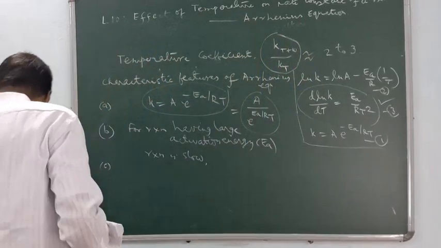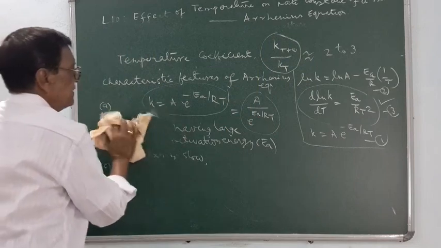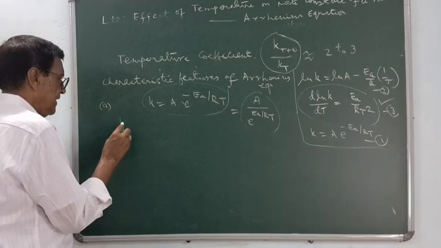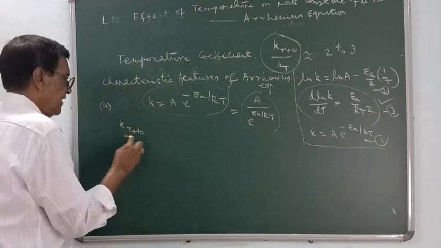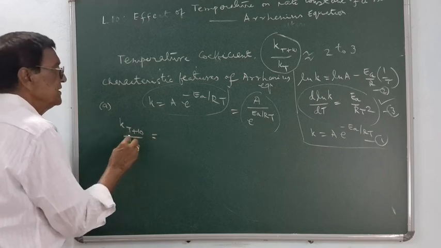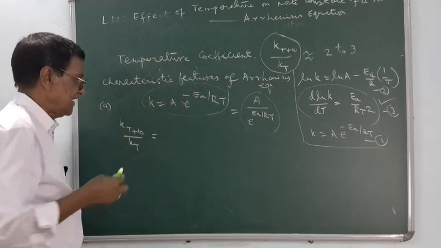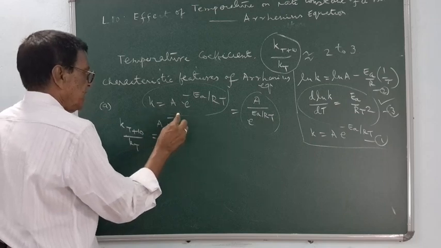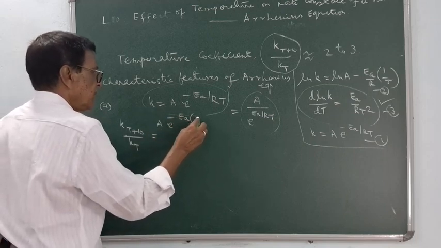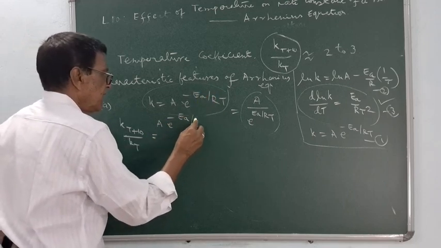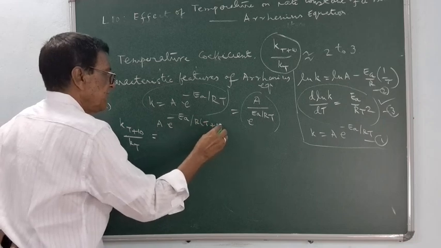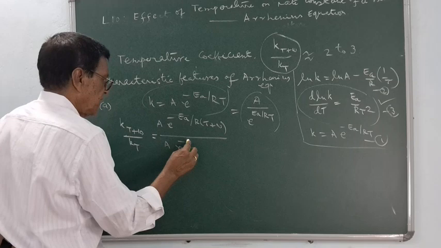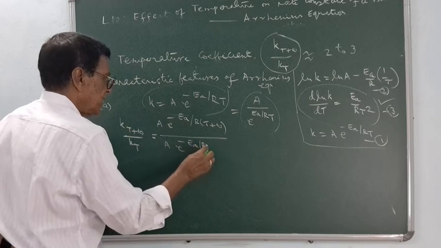If we express this temperature coefficient, K(T+10) divided by K(T), it is equal to A into e to the power minus Ea by R into (T+10), divided by A into e to the power minus Ea by RT.